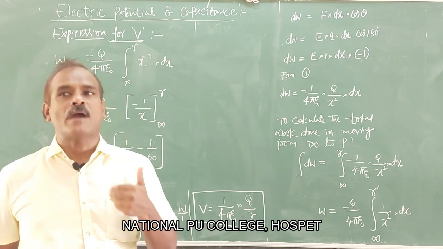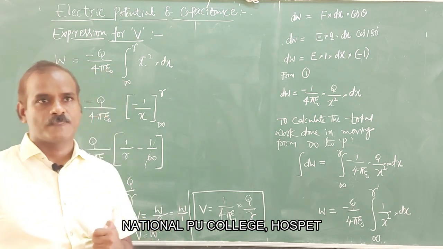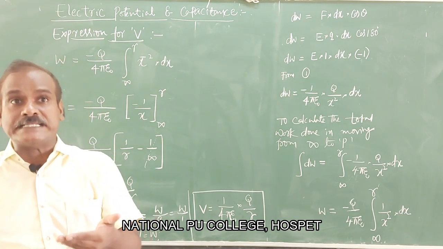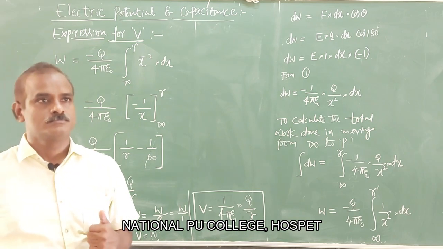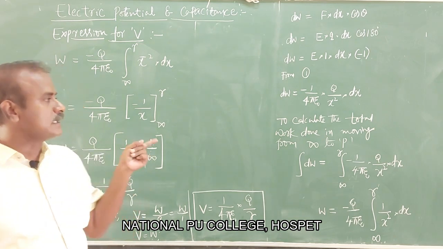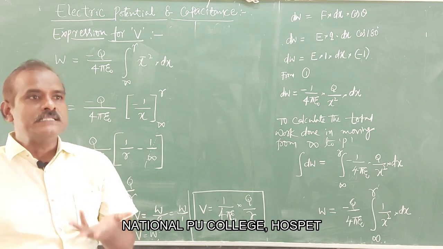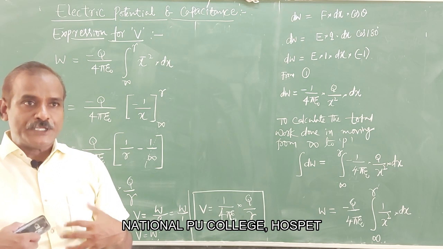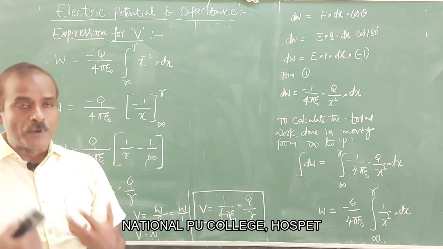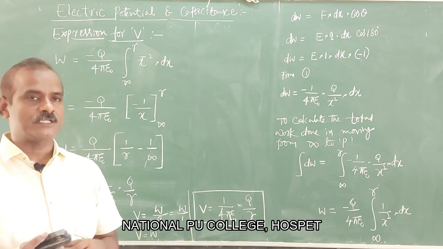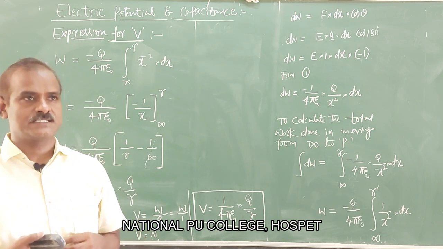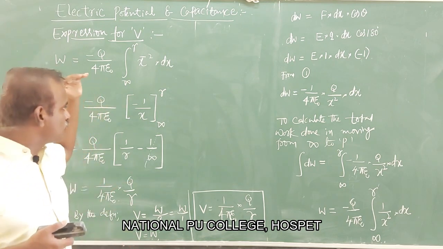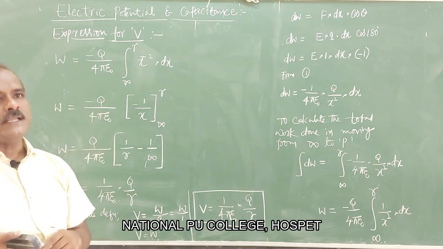Maybe you will be asked to define 1 volt, or to write the dimensional formula. The term 1 volt, or in general voltage, will also be used very commonly in the next chapter, current electricity. Of course, 1 volt is also defined with other formulas. With respect to this also, 1 volt can be defined.